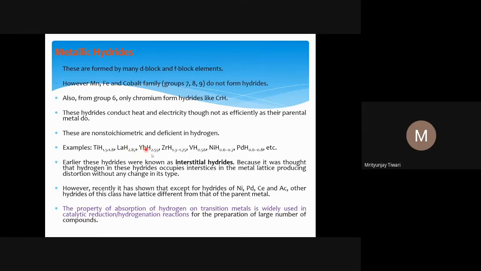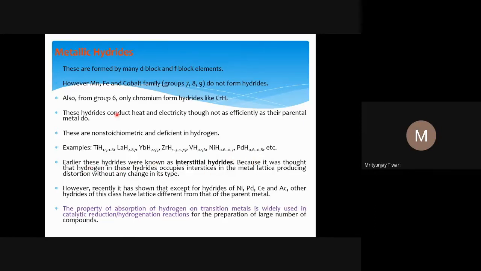Similarly, ytterbium hydride, zirconium hydride, vanadium hydride, and nickel hydride, where the hydrogen is 0.6 to 0.7. Palladium hydride, where the hydrogen is 0.6 to 0.8, etc.